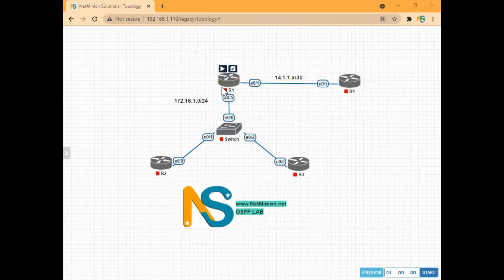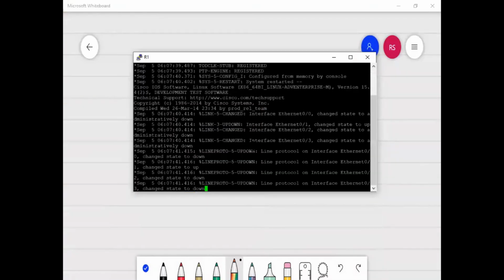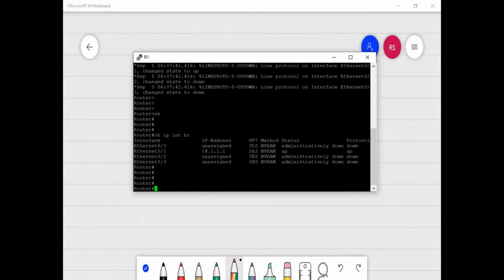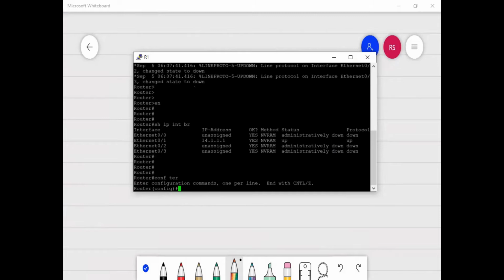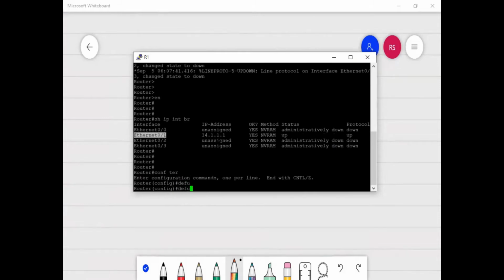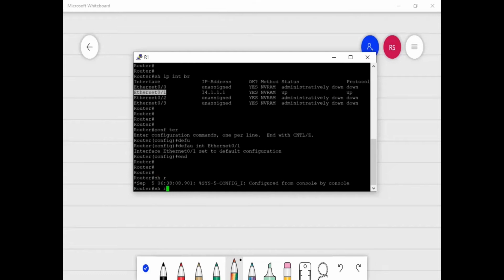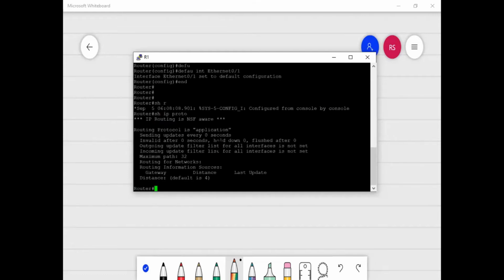What happens? Okay. I'm just starting one of my routers, that is router 1. Let me just take the console of it. I'm putting that into the default configuration, show IP protocol, just to check out if I have some protocols or not.